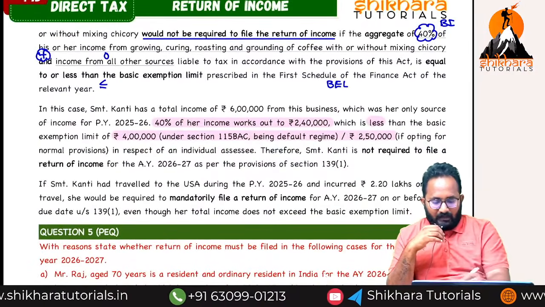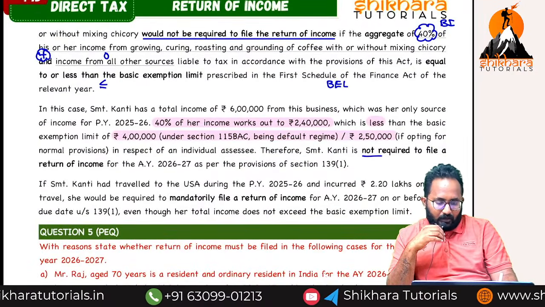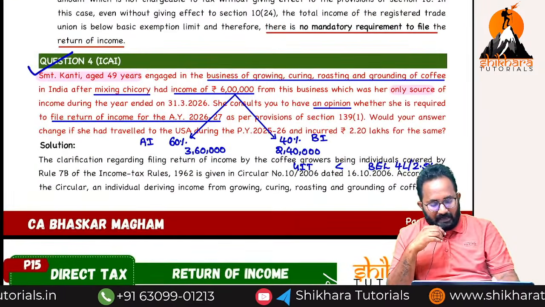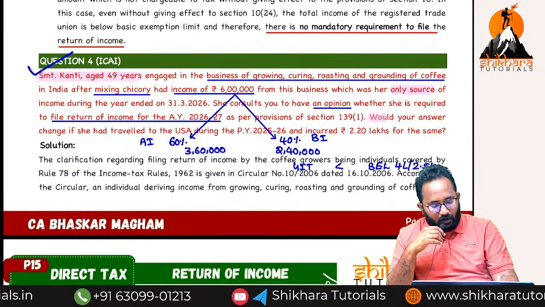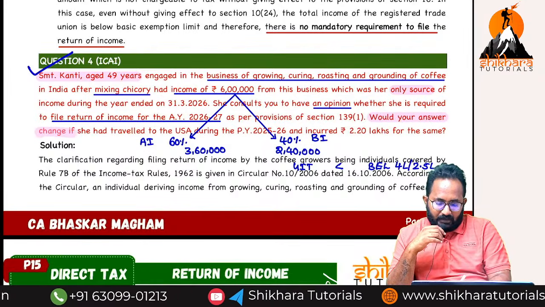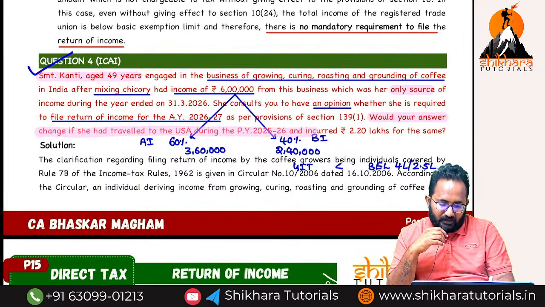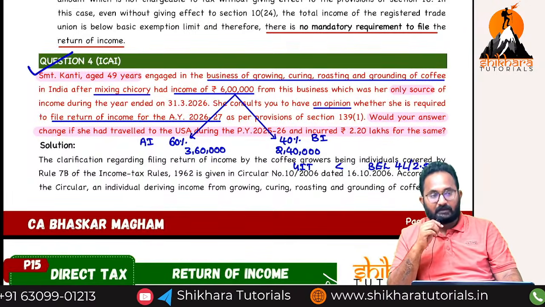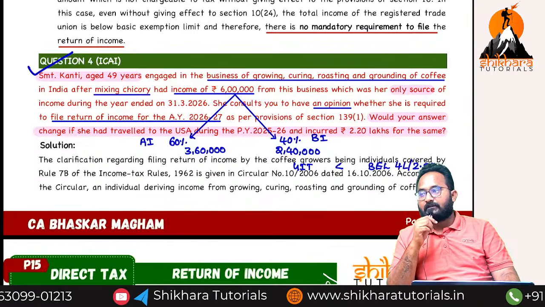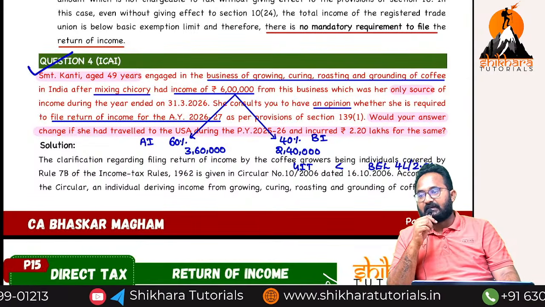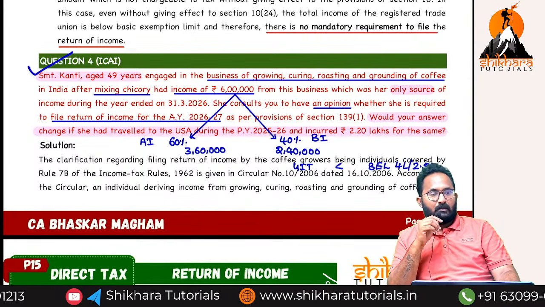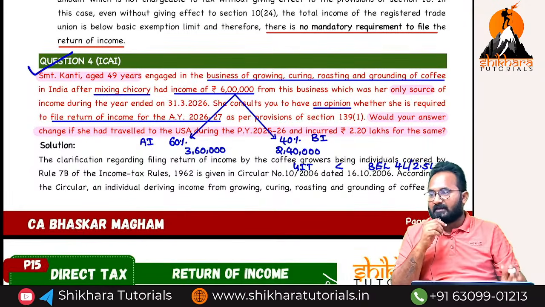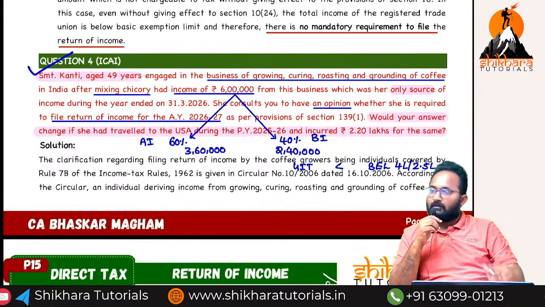So now the answer is what, ma? Not required or required? Not required. Again, next question. They are asking one more. What would be your answer if he traveled to USA during the year and incurred 2,20,000 foreign travel expenditure, if it exceeds 2 lakh during the year? I have no doubt, for himself or for his family members also he can incur both.